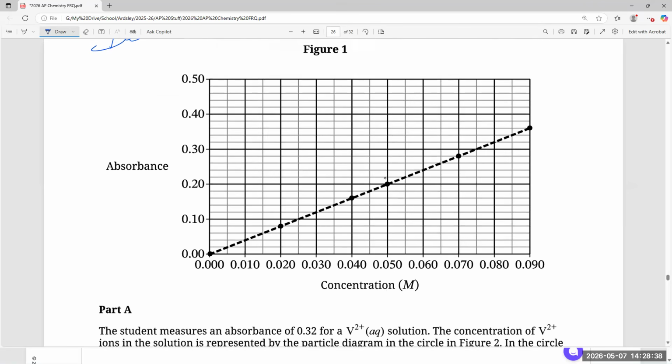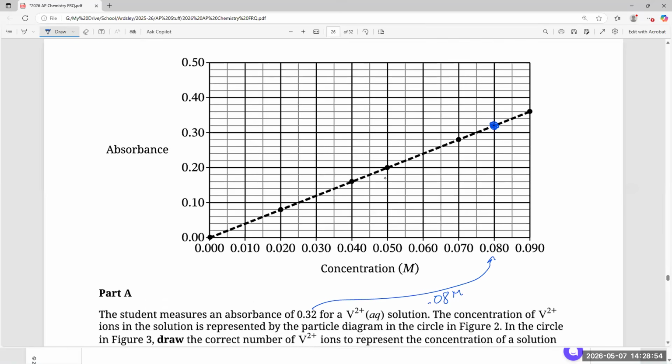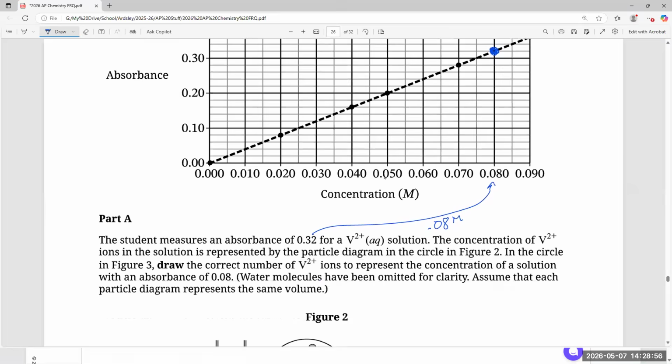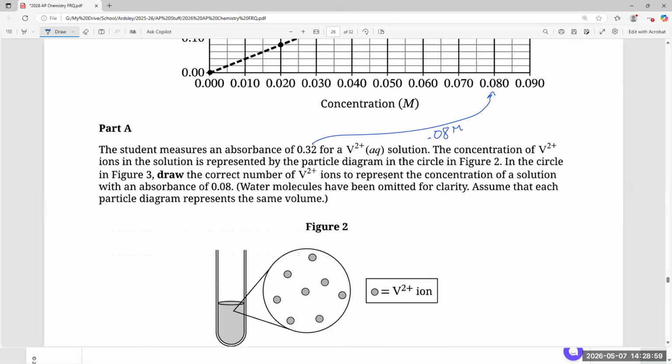So 0.32 is right here, and that's at 0.08 molar. The concentration of V2+ in the solution is represented by the diagram, so that is representing this figure 2.